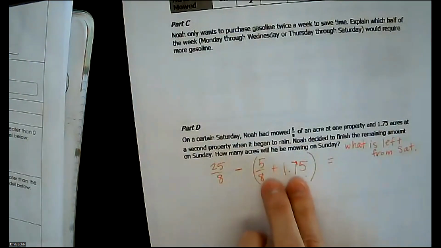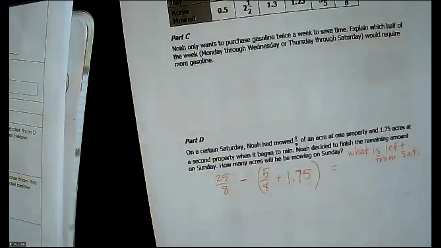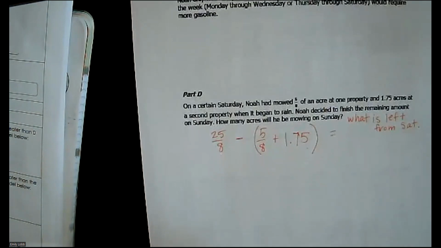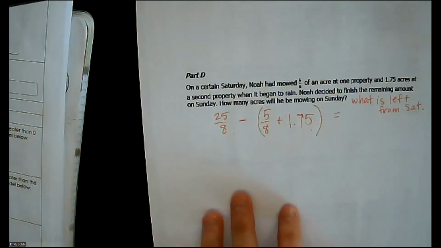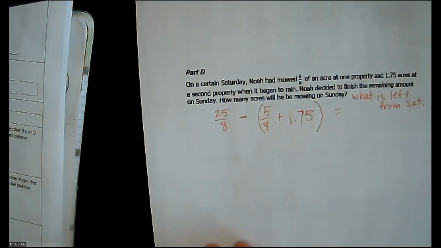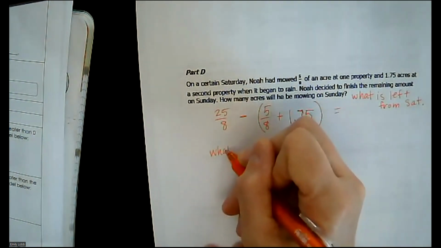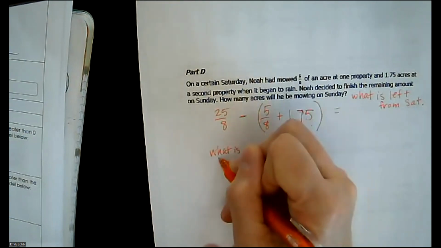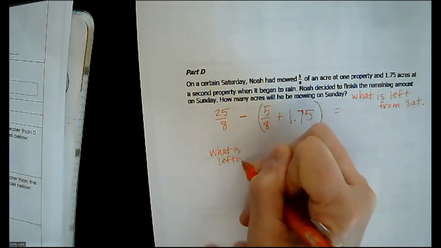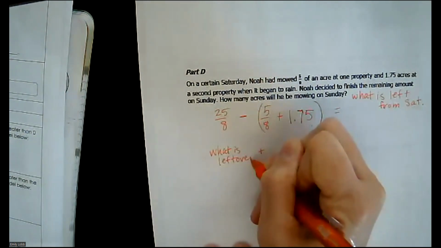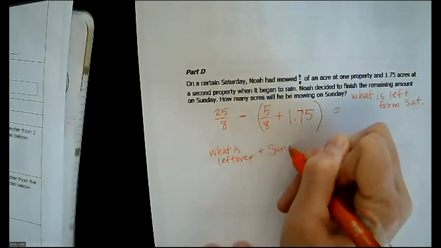So add these two up. Say this minus that. I believe you can change them all into decimals, right? So this should not be difficult. Then you're going to take what is left from Saturday plus Sunday.